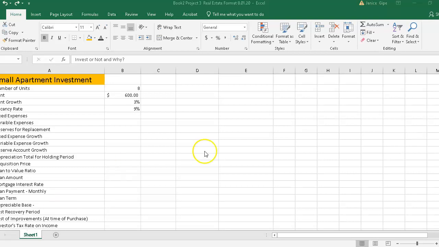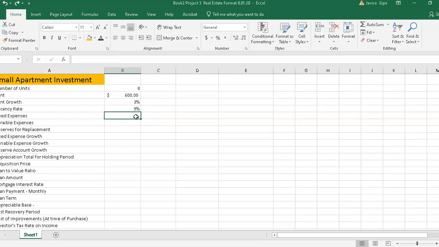So the basic information is that there are 8 units in this apartment complex, and the rent for each one of these units is $600 with a 3% rent growth, a vacancy rate of 9%.